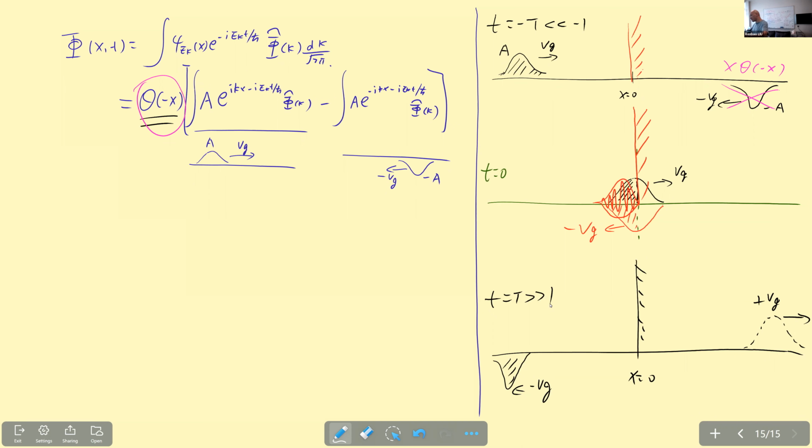If you multiply by theta(-x), the right-hand side will not exist, so you don't need to look at it. The only thing you have is a wave packet moving from left to the center, and at t equals 0 it is reflected at the wall, and at a much later time this wave packet is reflected with the amplitude just minus A. So that's a full reflection.